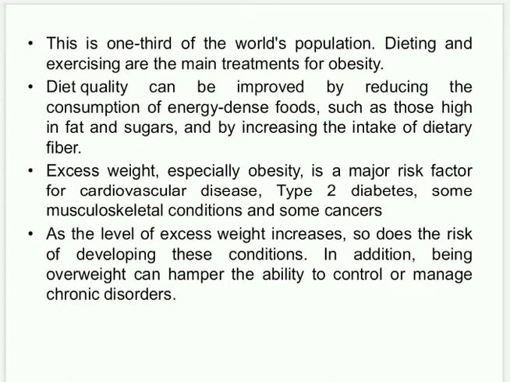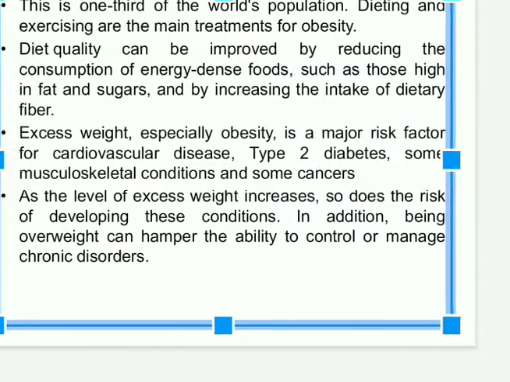Excess weight, especially obesity, is a major risk factor for cardiovascular disease, type 2 diabetes, some musculoskeletal conditions, and some cancers. As the level of excess weight increases, so does the risk of developing these conditions. In addition, being overweight can hamper the ability to control or manage a chronic disorder.